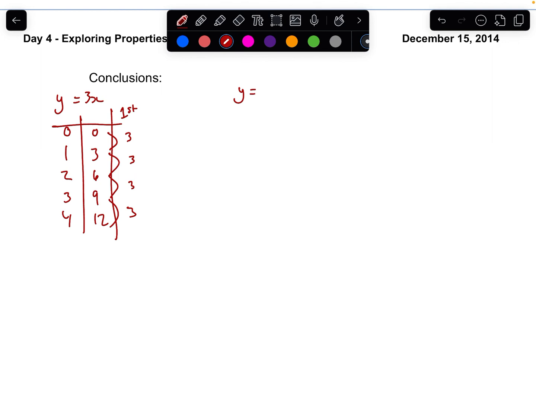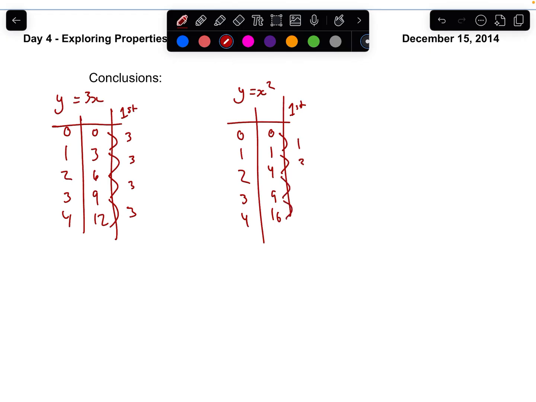If we look at our very basic quadratic, which we know is 0, 1, 2, 3, 4, and that would be 0, 1, 4, 9, 16. When we do our first differences, we get 1, 3, 5, 7.